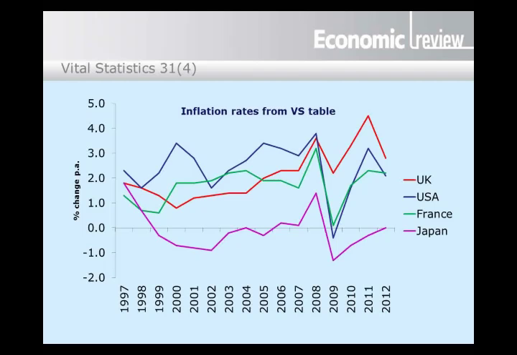However, that coincided with the onset of financial crisis, and what happened in 2009 is that inflation plummeted, more severely so in France, the USA and Japan than in the UK, only for then prices to begin increasing again after that point. So that's something about the pattern.